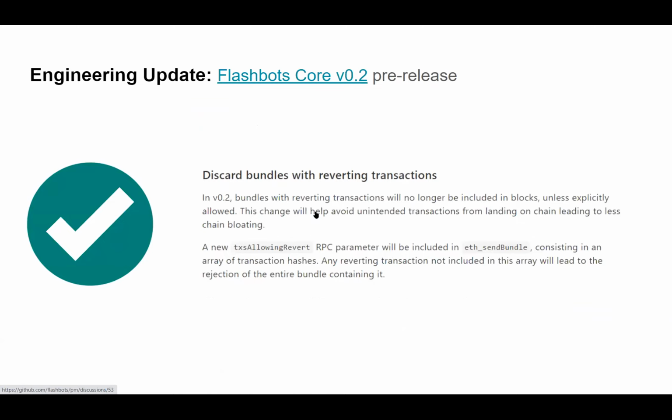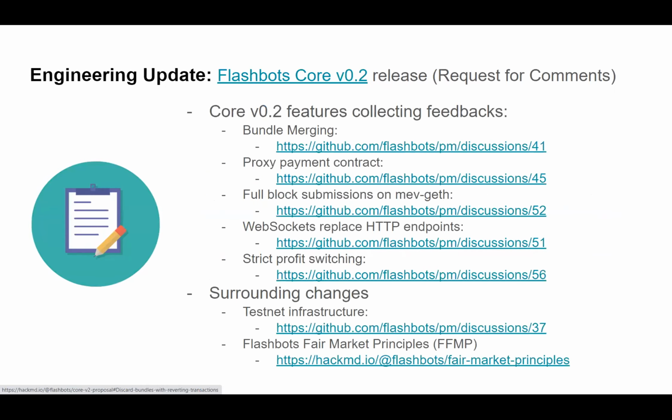So both of these changes aim to better uphold the initial design that we were striving towards as a system, which is to prevent reverts from landing on chain, as well as always produce more profitable blocks than vanilla blocks.